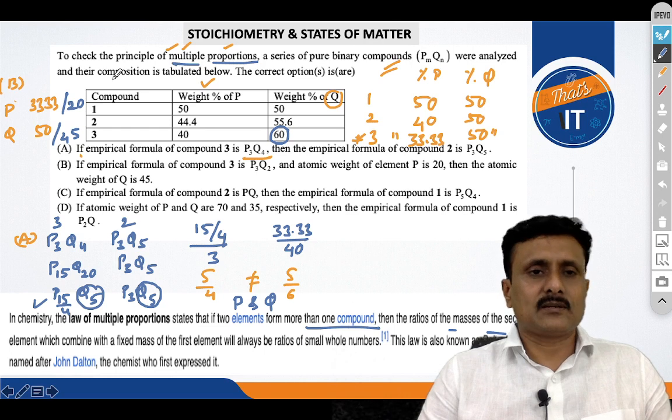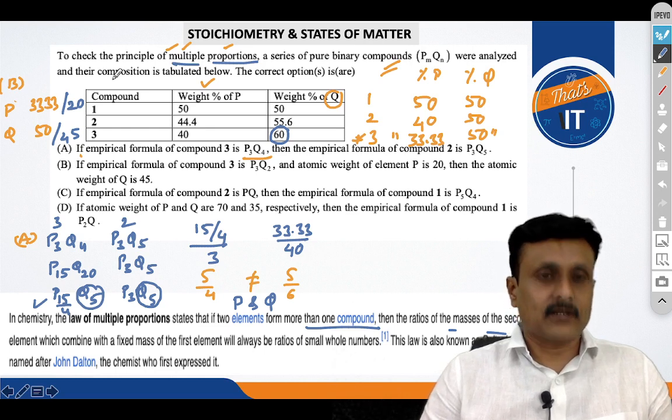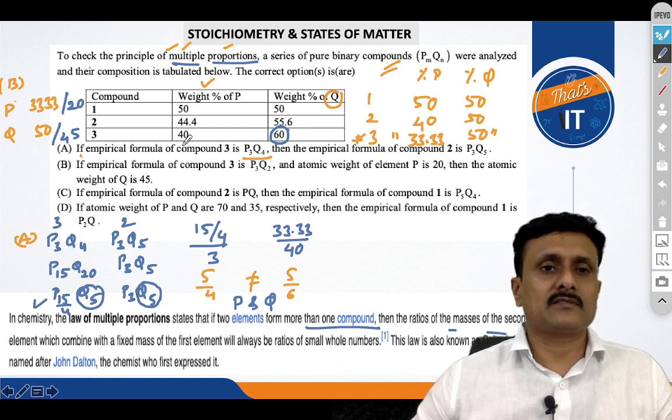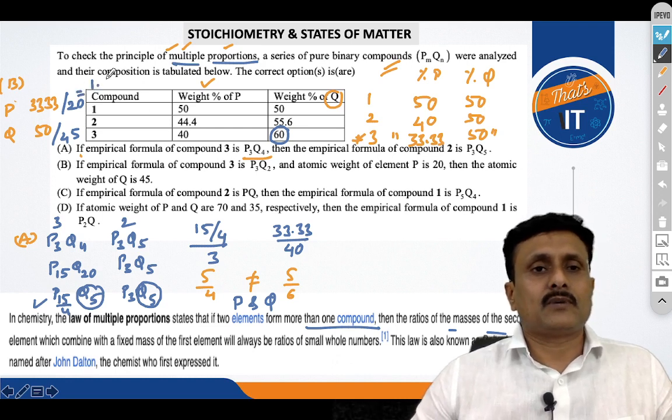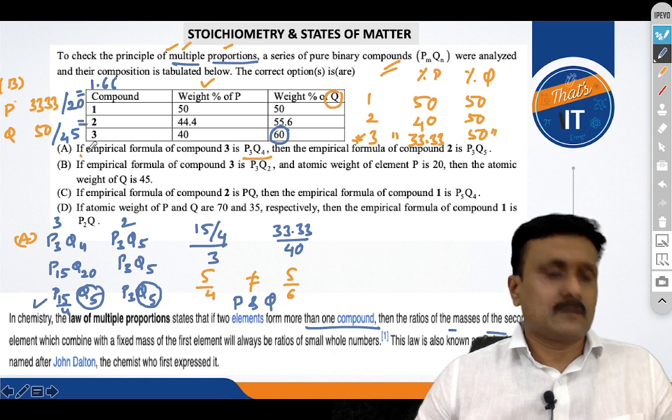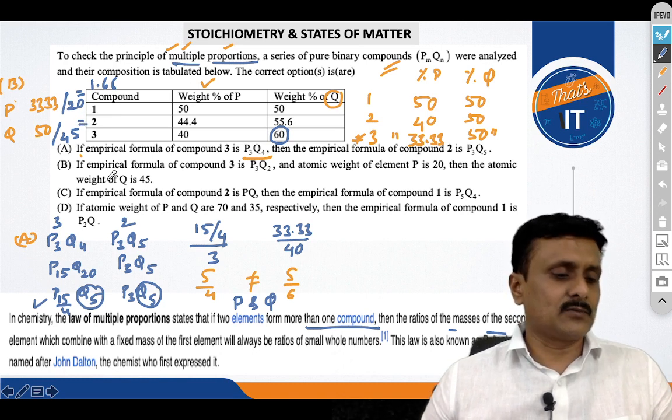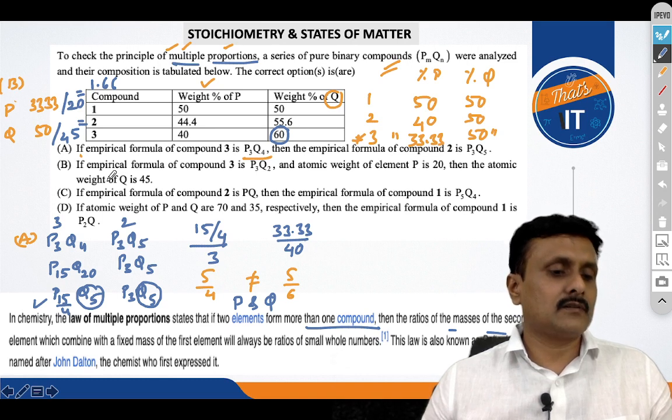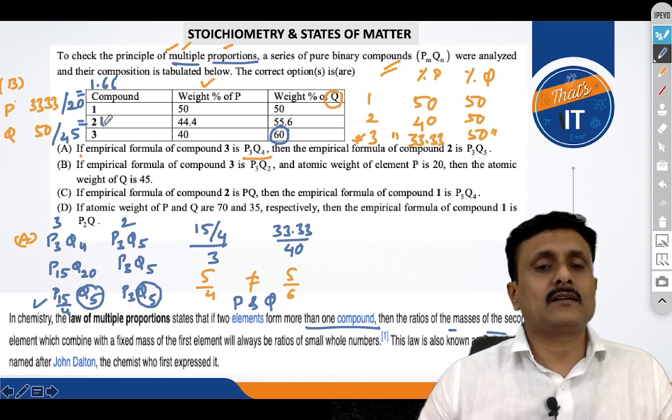33.33, you can do it with table one also, it doesn't matter. 33.33 divided by 20 is 1.66. Now 50 by 45, you guys can quickly do it, is 1.11.